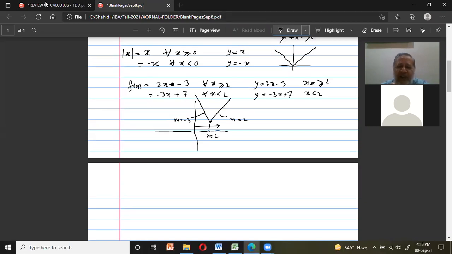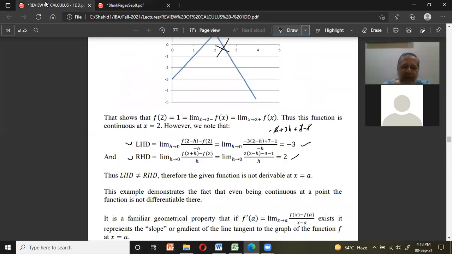We can say that whenever in any graph there is this kind of situation, where the tangent suddenly changes its value at some point, at that point the function will not be differentiable, even if the function is continuous.